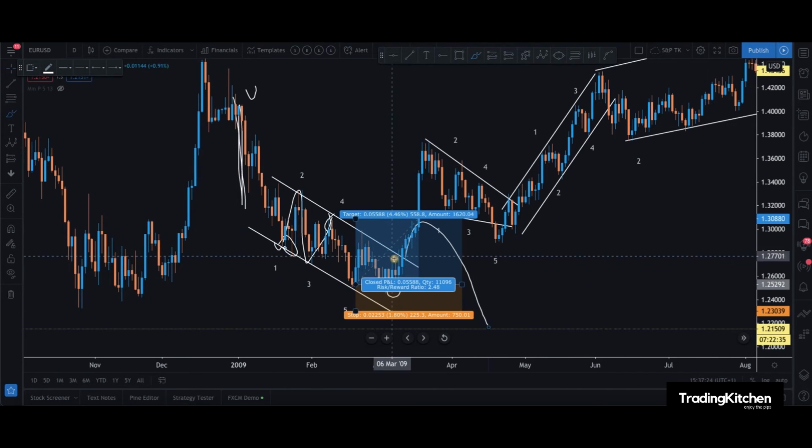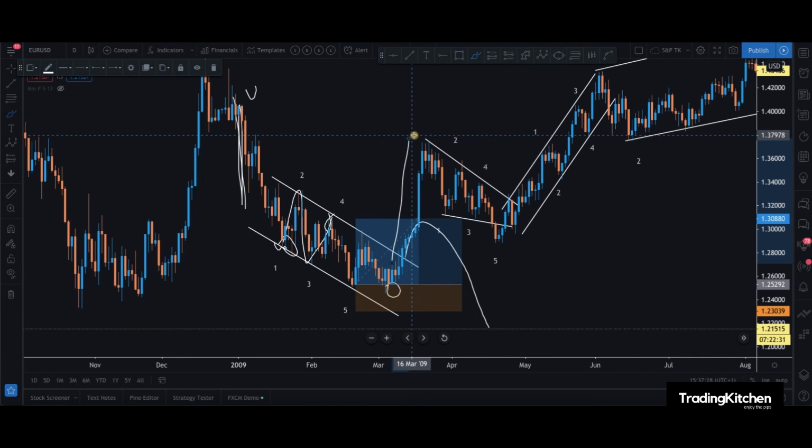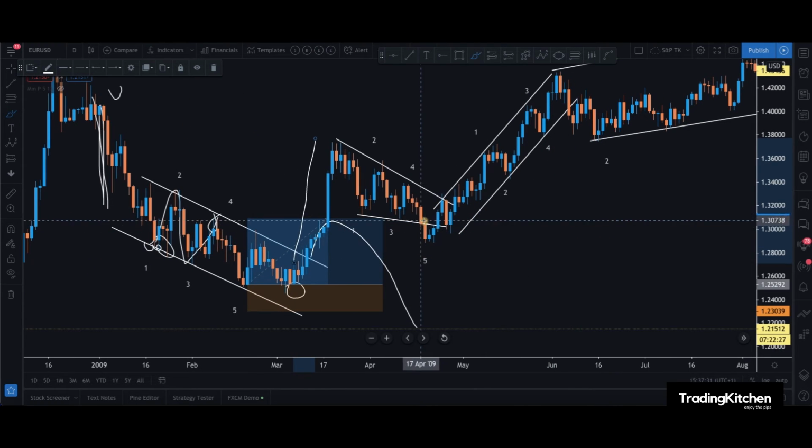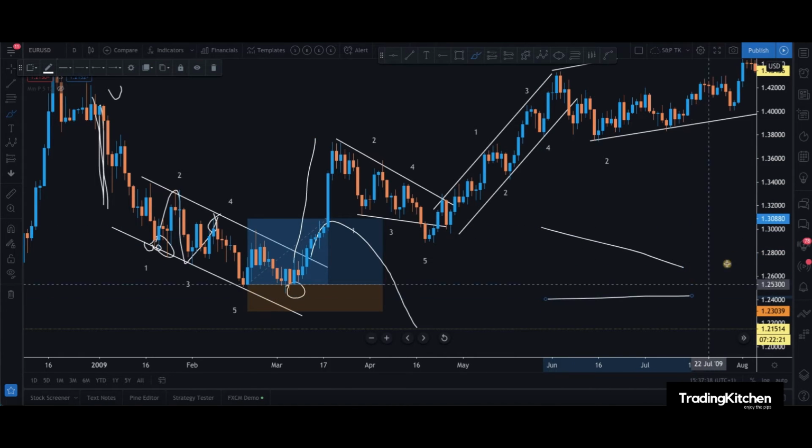Okay, let's move on. This is an impulse up, channel down. Look at this example. This is a triangle. As I told you, it's not so pure.